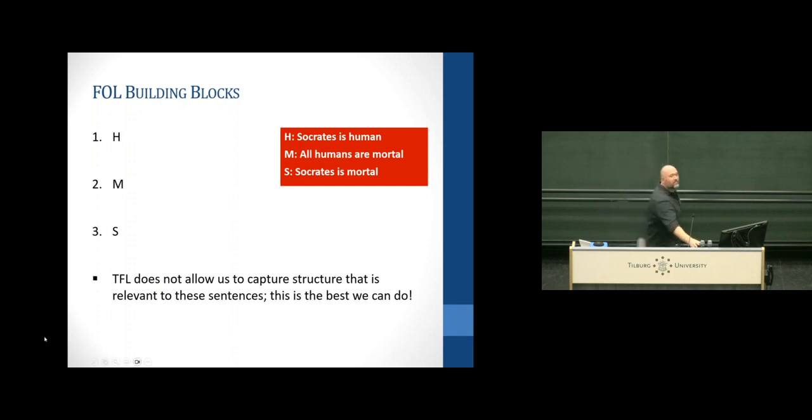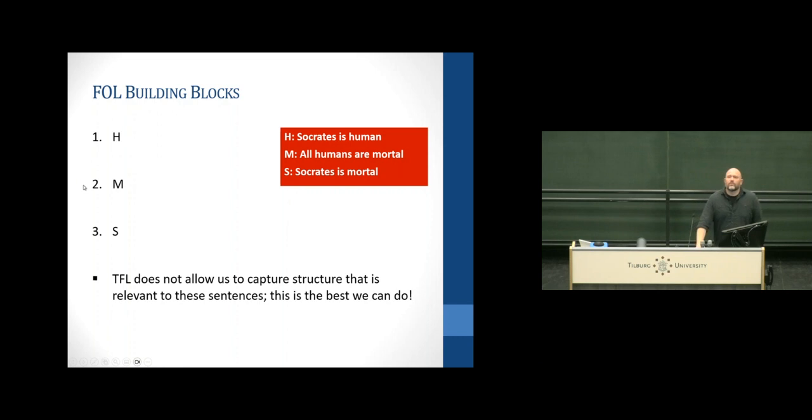So we end up with something like this, right? Our first premise is H, our second is M, and our third is S. And it's real easy to come up with a valuation that makes the premises true and the conclusion false, because a valuation is where we just assign whatever truth value we want to the relevant atoms.